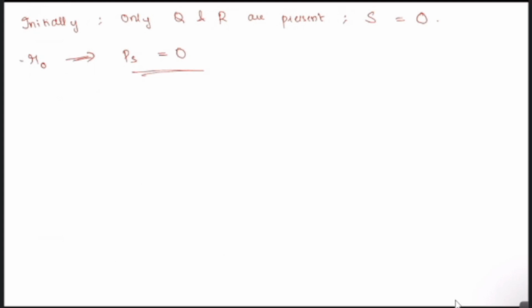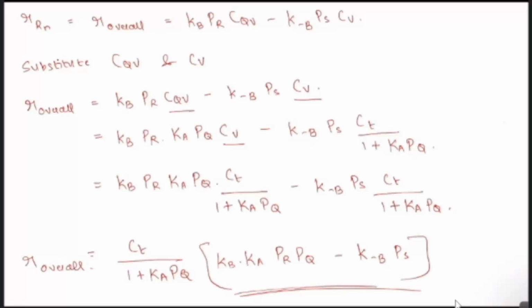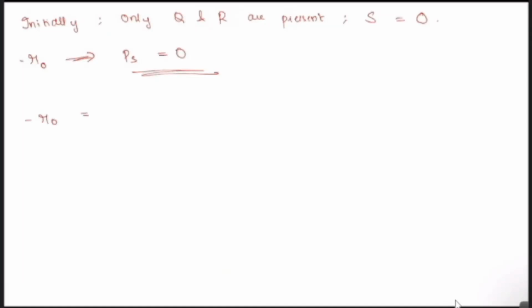So in our overall reaction rate at initial stages at t equal to 0, this PS term will get cancelled. So our new reaction rate at the initial time t equal to 0 will become minus R0 equal to Kb Ka PR PQ CT by 1 plus Ka PQ.